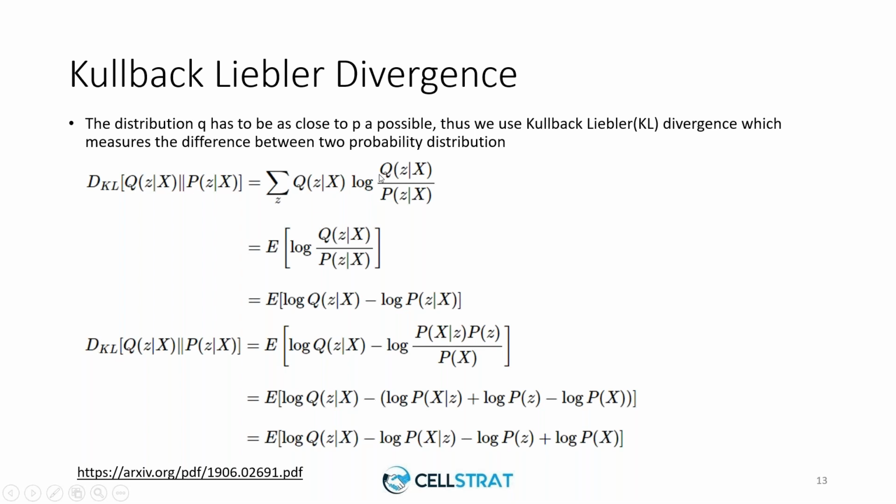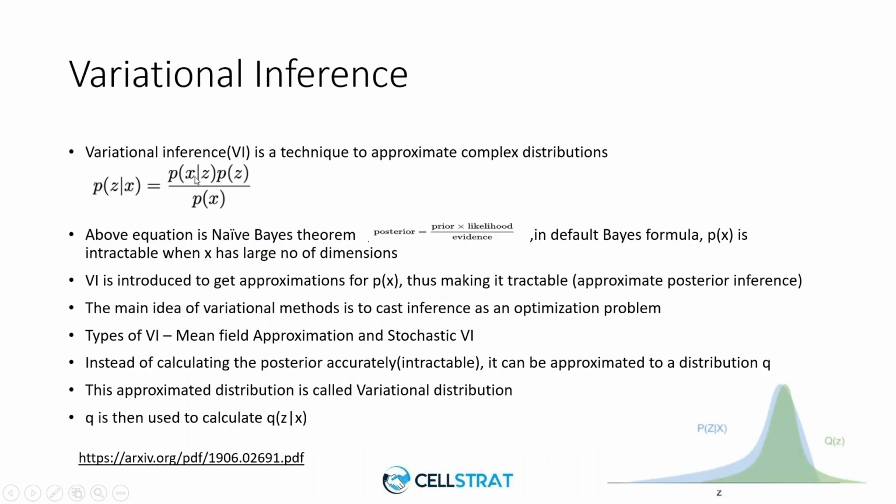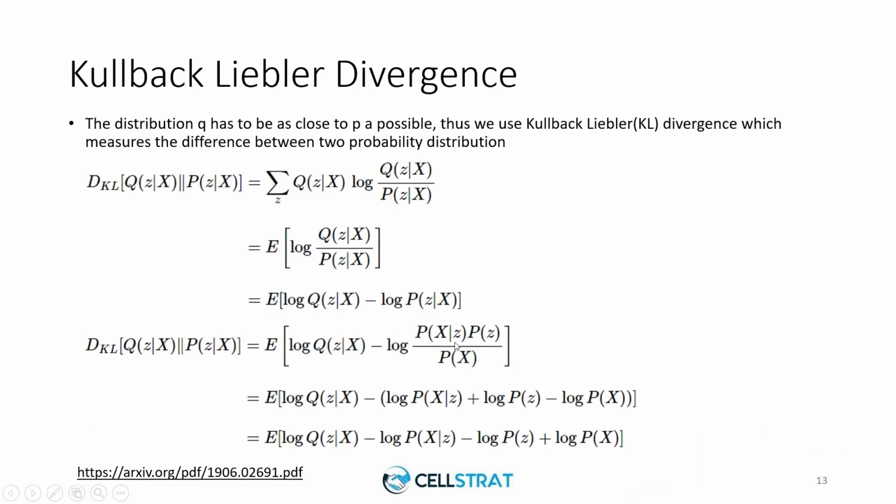Okay. So this is basically two distributions, and we are trying to find the difference between them. We have applied a log operation here, and log a divided by b is equal to log a minus log b. And over here, we know Bayes' theorem. If I go back here, this is Bayes' theorem, and I'm just applying that here, and then it's normal log operations.